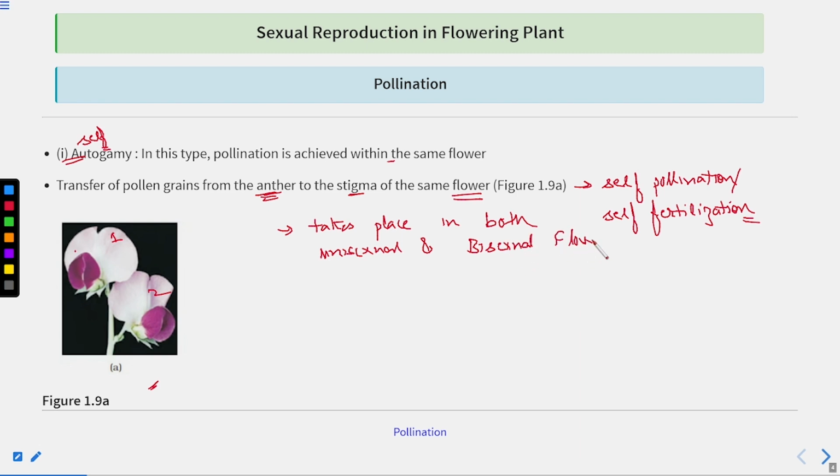It is very common in bisexual flowers. Bisexual flower means the flower that contains both the reproductive structures. Unisexual flowers are those which consist of either the male reproductive system or the female reproductive system. In bisexual flowers, both the reproductive structures are present. Bisexual flowers are also known as hermaphrodite flowers.